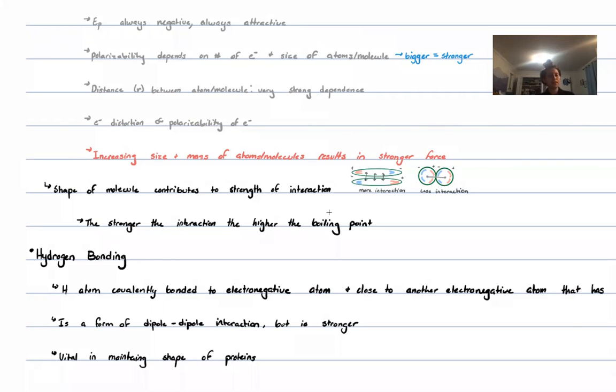That's because if you have more area for the electrons and the charges to interact with each other, it's going to be stronger. So here, if you have two very disk-like ones, then you see all these different interactions occurring. But if you have just two spheres, then you're not going to have that strong of an interaction because there are fewer parts of each atom that are close to each other.